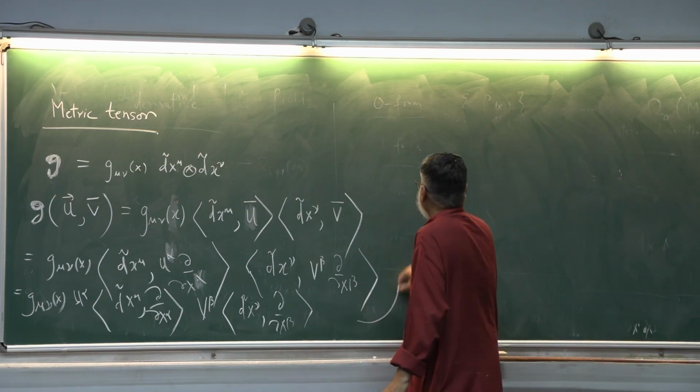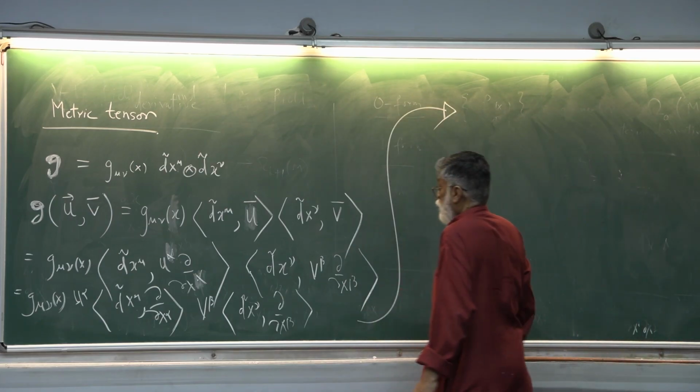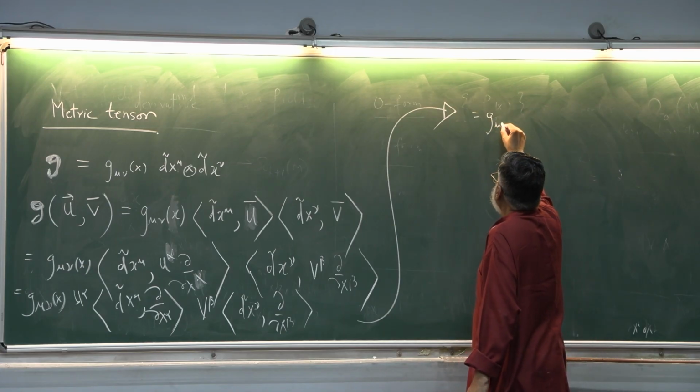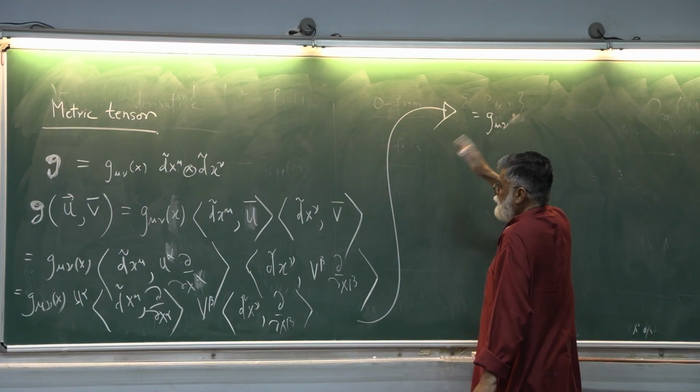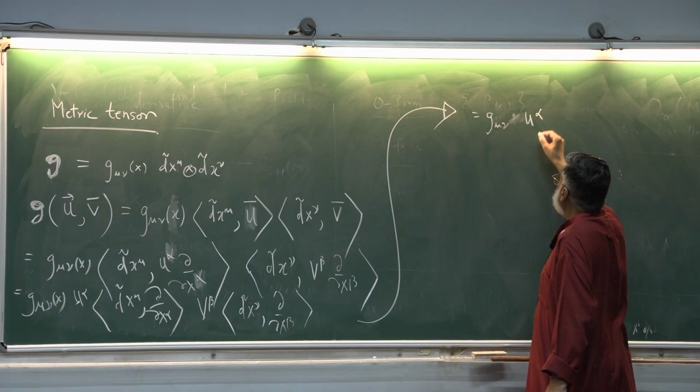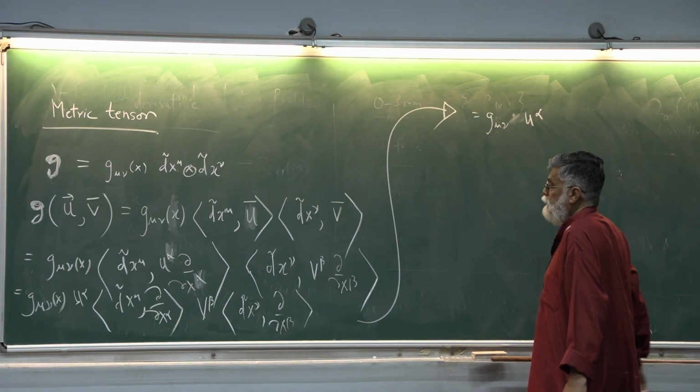So I will go straight to the top. This is same as G mu nu. I'll suppress the arguments. These are all fields. U alpha. These are all fields. They are all dependent on fields.